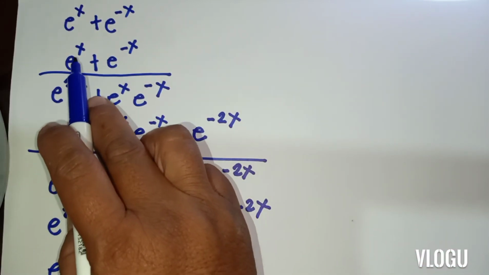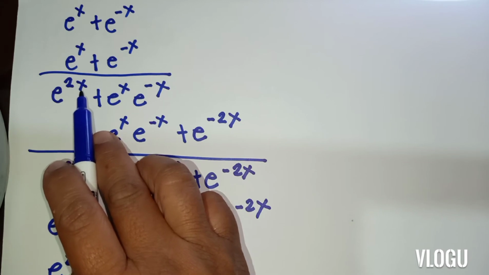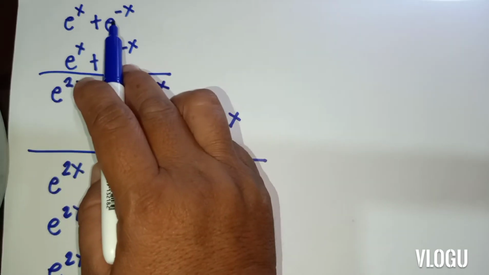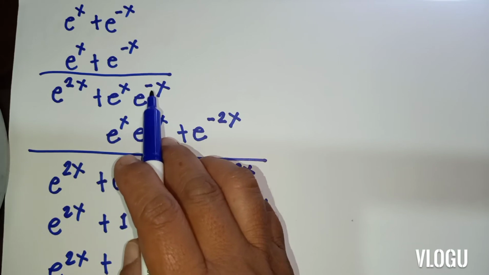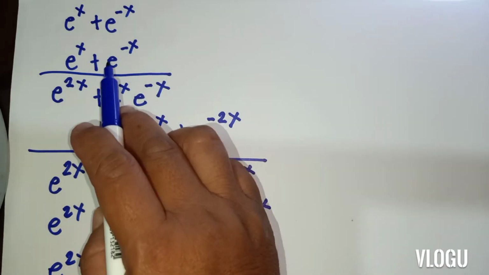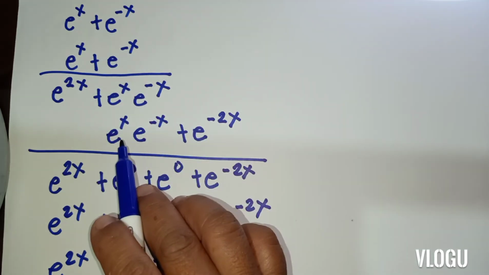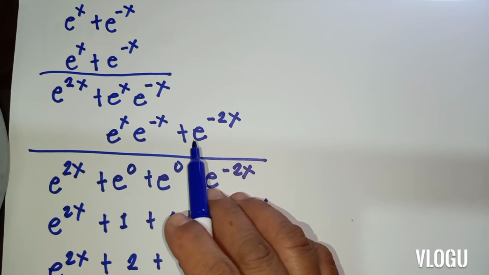That is e^x times e^x, that is e^(2x), you add the exponents of the same base, plus e^x times e^(-x). Then you will have e^x times e^(-x) again.